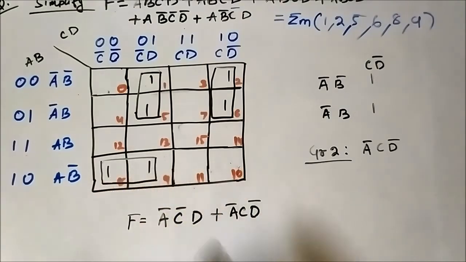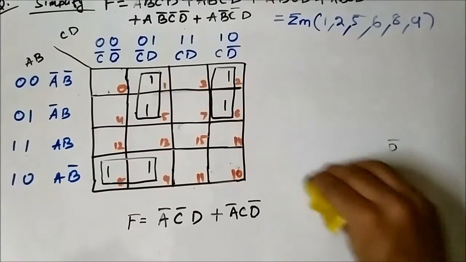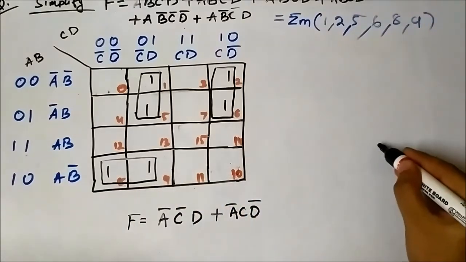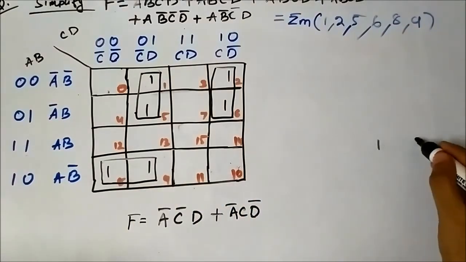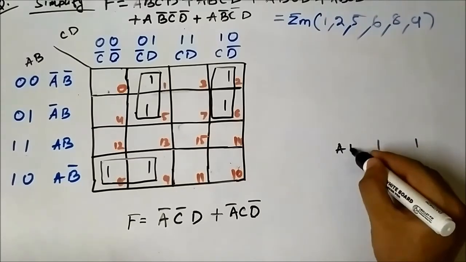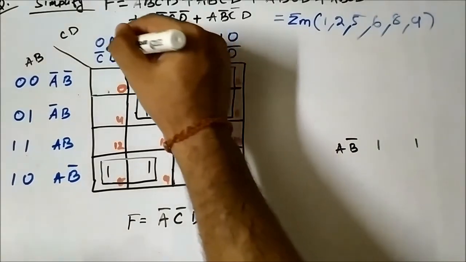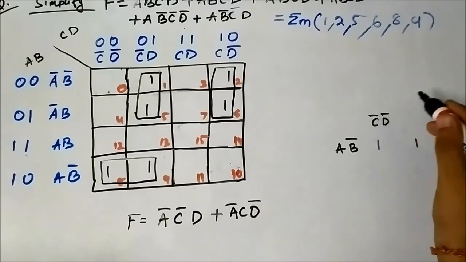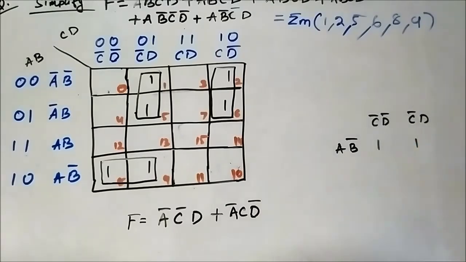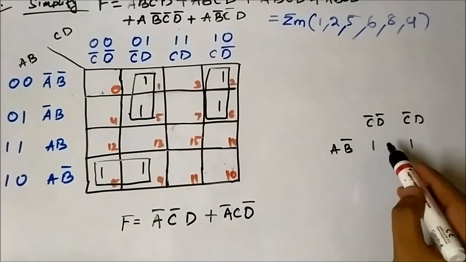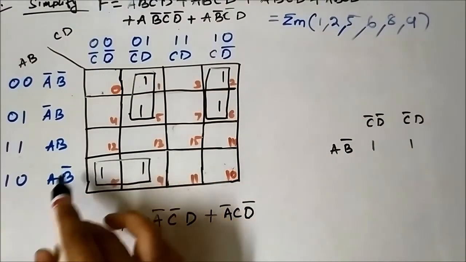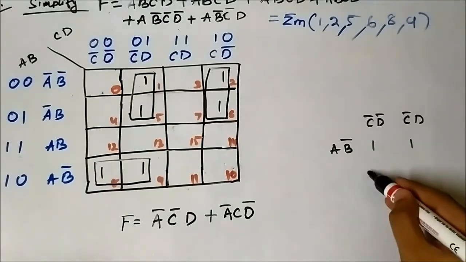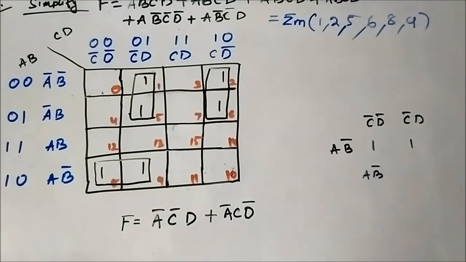Now is the third group, this one. Here we have the horizontal component A B bar, and the vertical components C bar D bar and C bar D. A B bar is common from the horizontal side, in both the cells, so A B bar will be there.